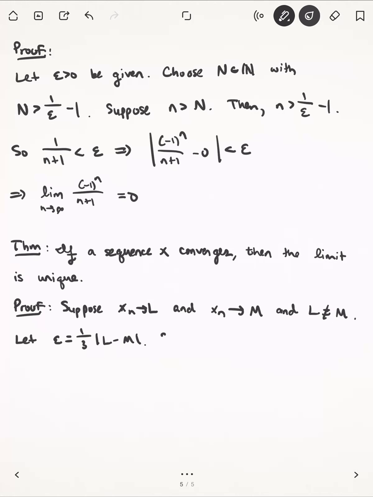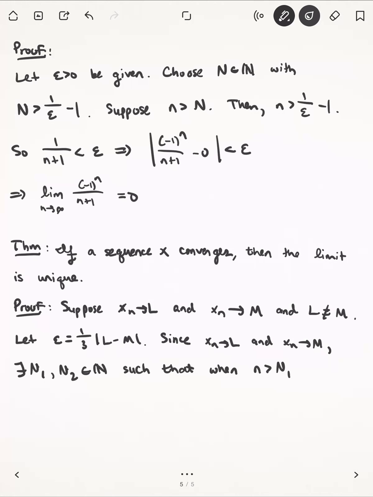Okay, so since xn goes to L and xn goes to M, there exist natural numbers N1, N2 such that when little n is bigger than capital N1, the absolute value of xn minus L is less than epsilon.